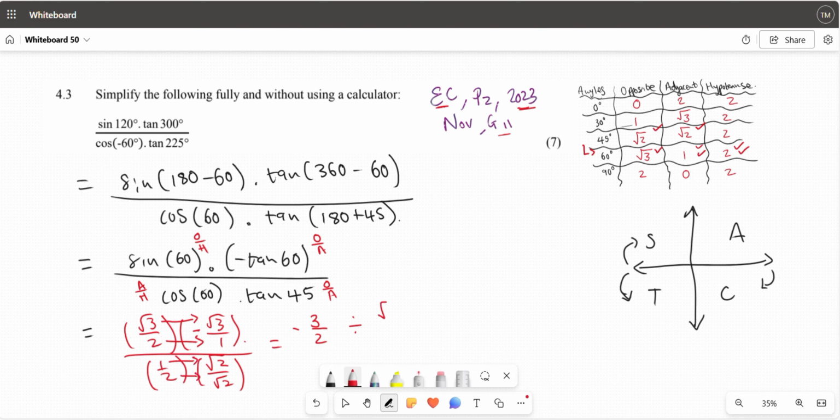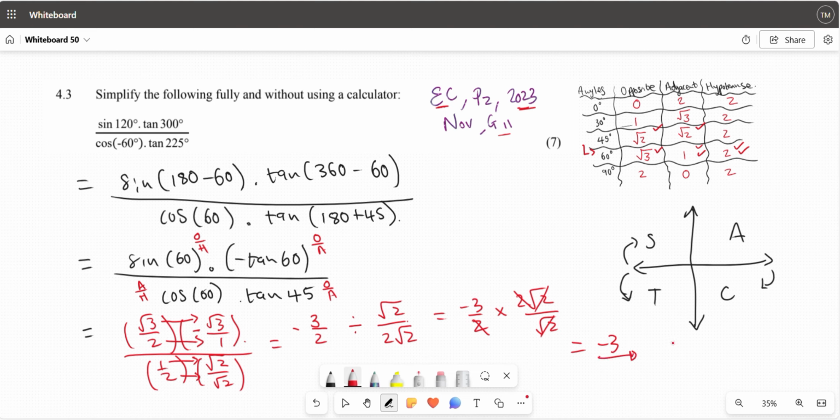I end up getting square root of 2 divided by 2 root 2. Then once I have it like that, I could tip it and times. So a negative 3 over 2, that is timesing a 2 root 2 over a root 2. These root 2's are going to cancel. These 2's are going to cancel. And what I'm left with is a negative 3.